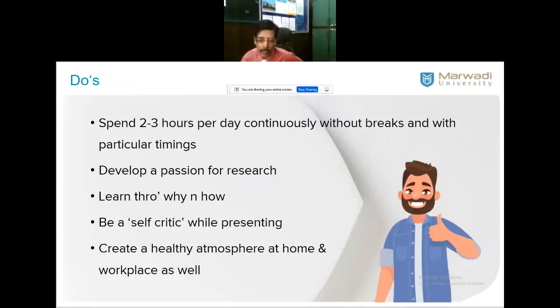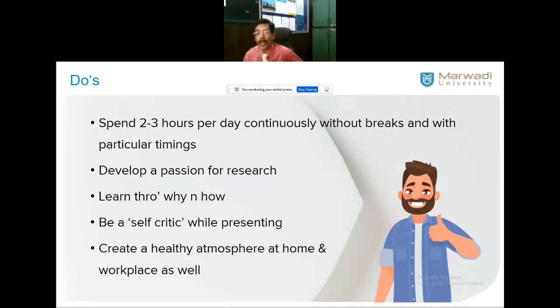That's the philosophy of our university as well. This is a great investment: to sit continuously for 2 to 3 hours every day is very important for you. Don't do research like I have to do something like that. You really develop a love or a passion for the research. That is very much important. Without passion, no system can work. Okay, so that's very important.